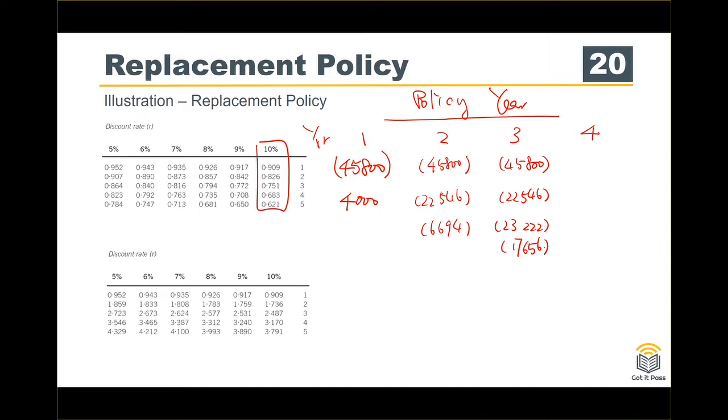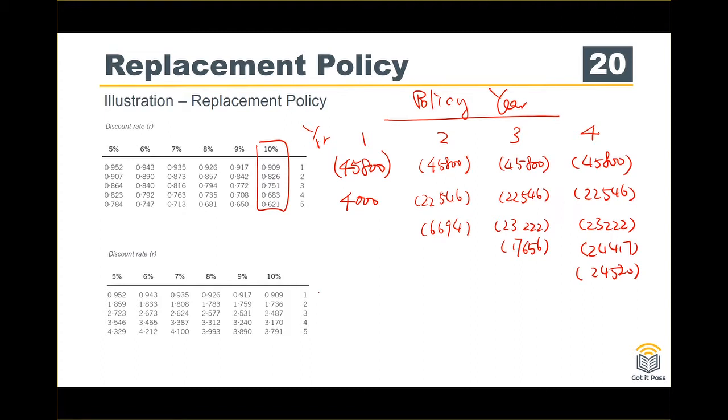For 4-year, the same. So you have this from year 0 to year 4.